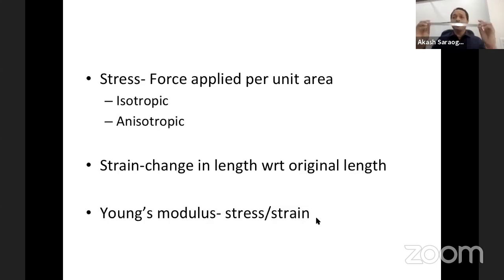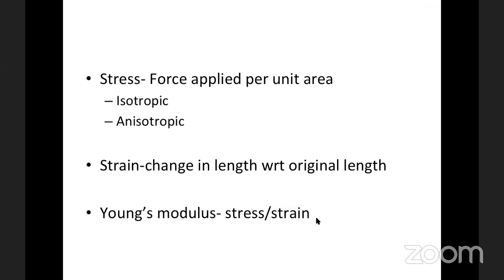Whereas an anisotropic object like this scale, if I apply the pressure from here, it will behave differently. If I apply the pressure from here, it will behave differently. So this is an anisotropic object which behaves differently depending upon the direction of application. Most of the structures in our body, like the cortical bone, the cartilage, all these objects are anisotropic objects.